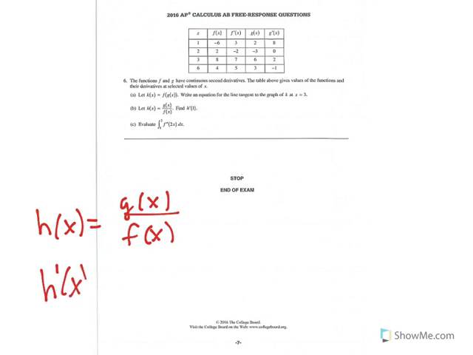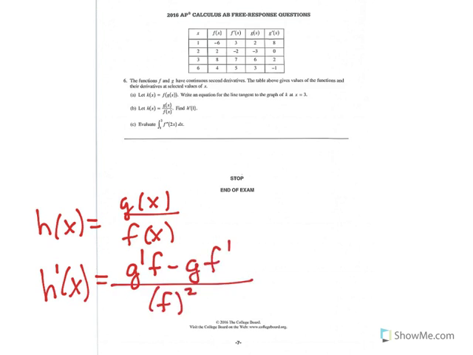Okay, next part of the problem says let h of x equal g of x over f of x. Well, they want me to find h prime of 1. So h prime of x is going to be the derivative, which is going to be g prime f minus g f prime over f squared.